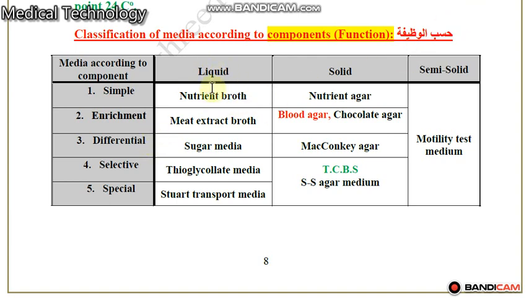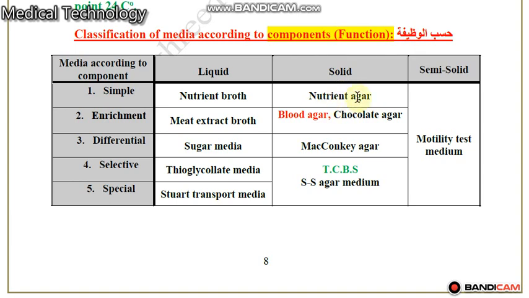Why? Nutrient broth is liquid media because it doesn't contain agar. When you notice the word broth, then this medium is a liquid broth. This is simple. Why simple? Because it's simple in its components.